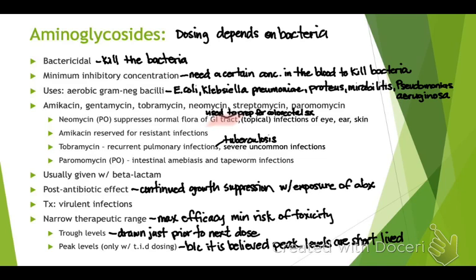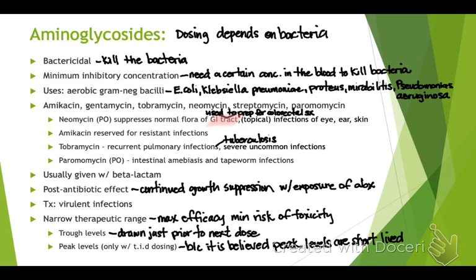Uses are going to be bacteria such as aerobic gram-negative bacilli, such as E. coli, Klebsiella pneumoniae, Proteus mirabilis, and Pseudomonas aeruginosa, and so on. Those are all different types of bacteria that aminoglycosides will be effective for.